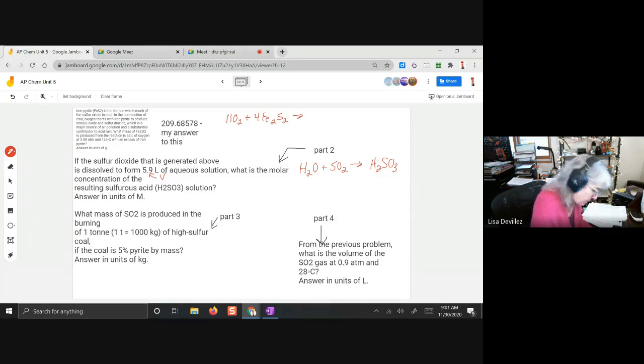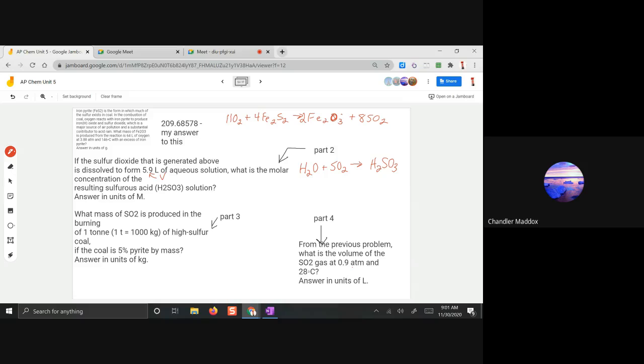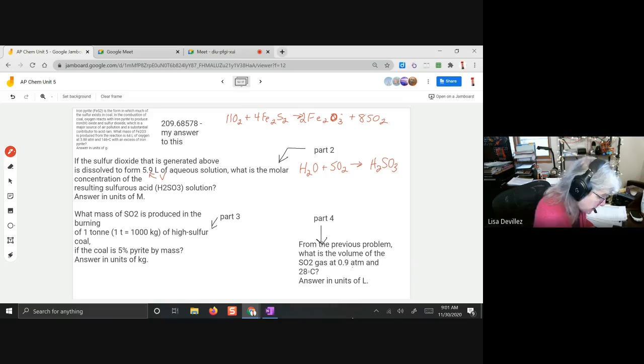Okay, Fe2O3, forgot the 2, plus 8 SO2. Okay, so you'll go back up, which you would have used this reaction for. Really, I don't think it's the Fe2S2. I think it's just FeS2, okay.